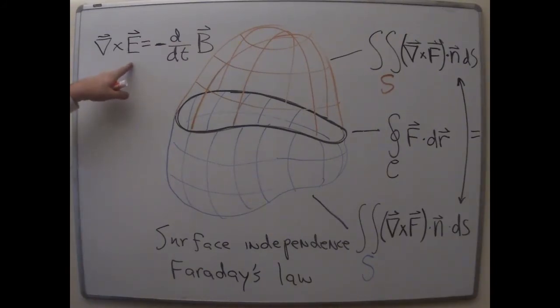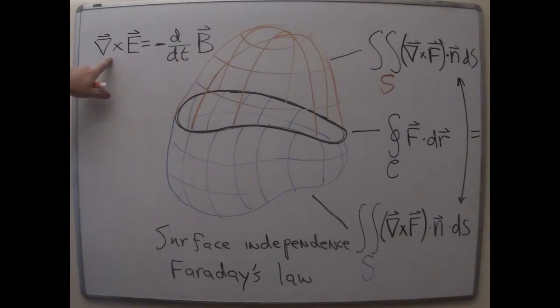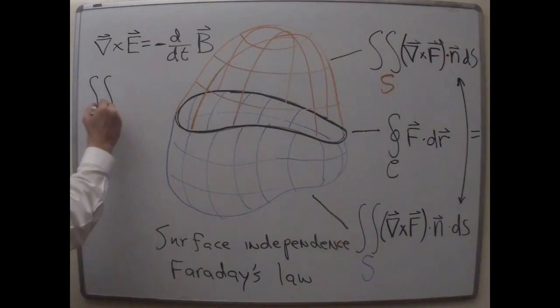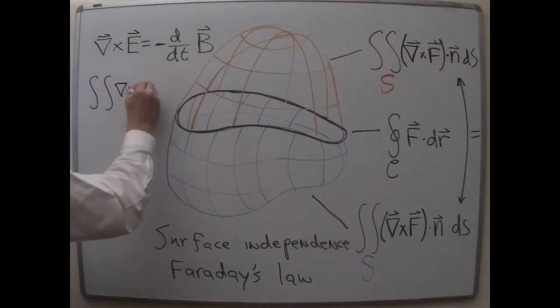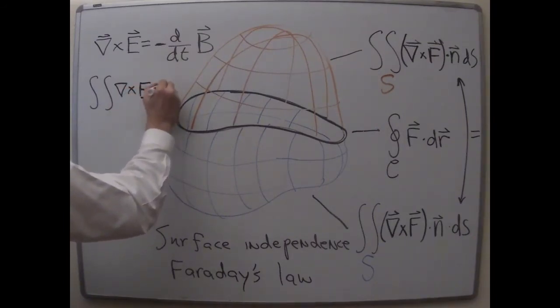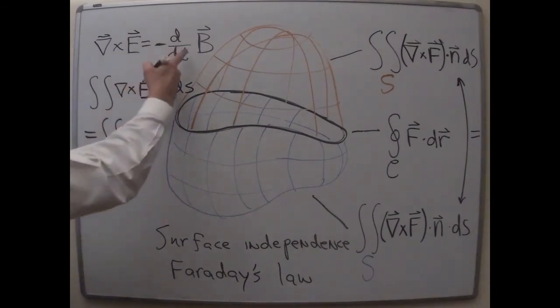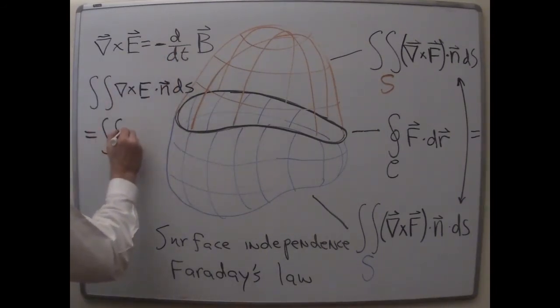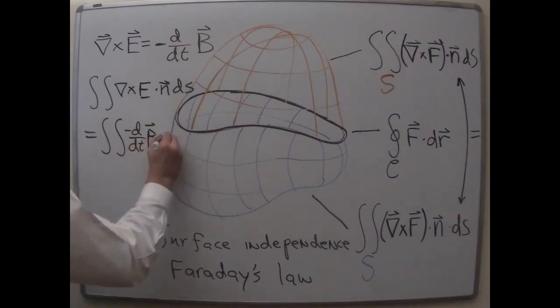There's a version of this where you use Stokes's law by basically, well, you see you've got del cross a vector field here. So if you plug this into Stokes's law, the left-hand side becomes del cross E dotted with the normal vectors dS. That's going to be equal to a double integral over the thing of just the time derivative of B dot n dS.